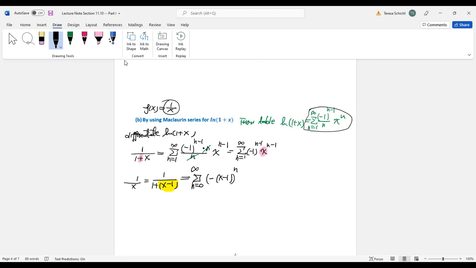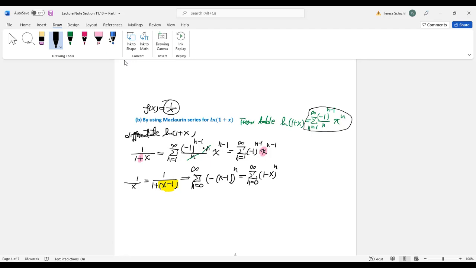Now if you want to move it back, you switch the negative sign, so negative becomes positive. You can say this is the summation n from 0 to infinity of 1 minus x to the nth power.